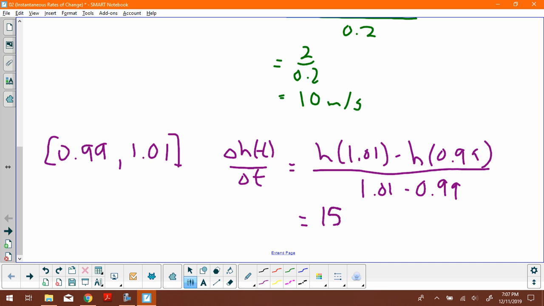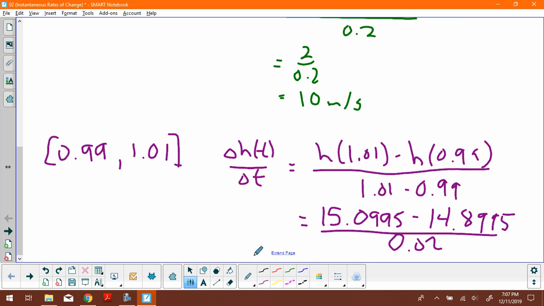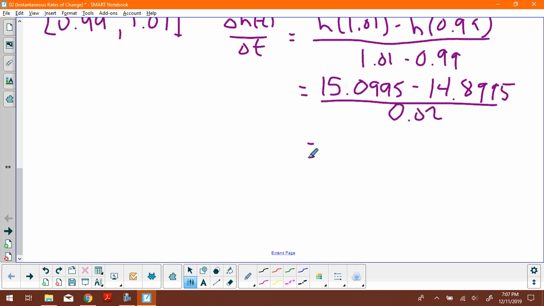Okay, so 15.0995 minus 14.8995 or 0.02. Okay, when I subtract the numerator, I've got 0.2 or 0.02.